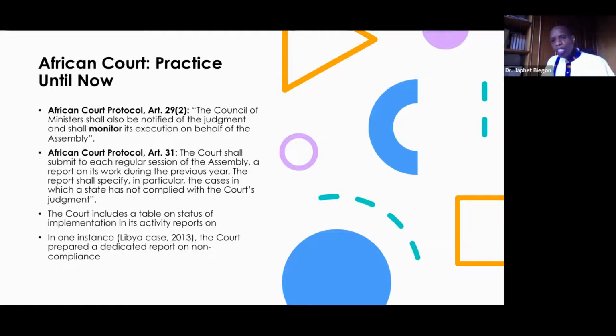So in the activity report, you will find this information, which is based on information that the court receives from the respondent states themselves. Earlier on, the court had issued at least a single report that focused on a single case. So this is in the Libya case, where the court actually issued a report specifically dedicated to non-compliance in the African Commission versus Libya case in 2013.